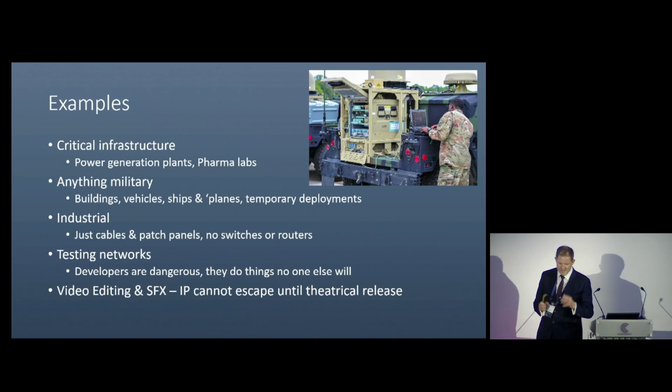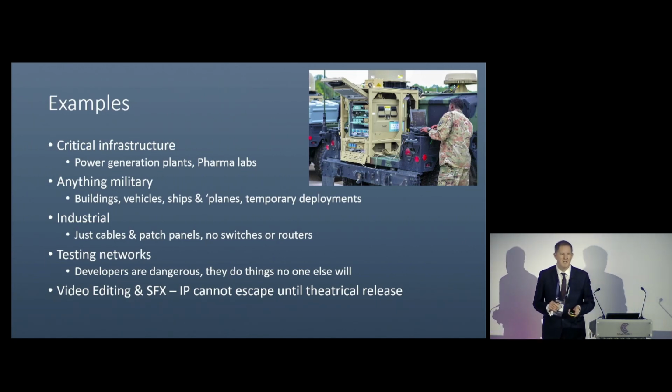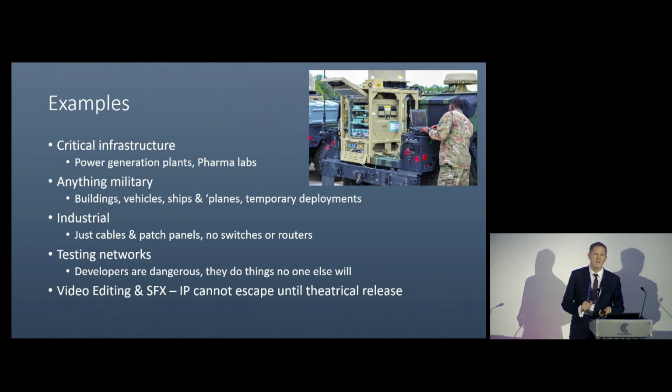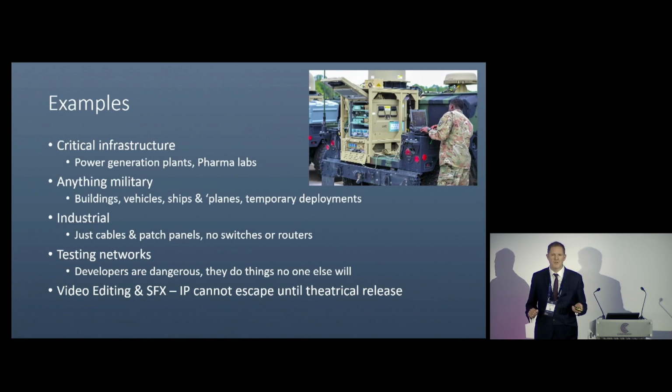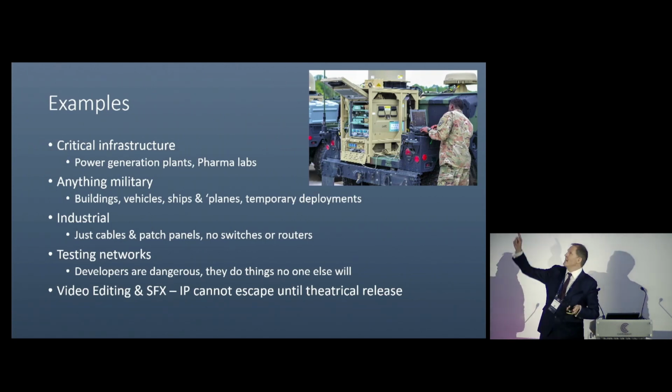Some examples, and these are examples of where I've worked as well. I've worked in power generation places and pharmaceutical labs, and I'll talk about the details in a minute, but anything military. Has anyone worked in defense before? Hands up. Okay. Has anyone worked in the back of a rig like this, where you've got a vehicle with networking equipment running on it?